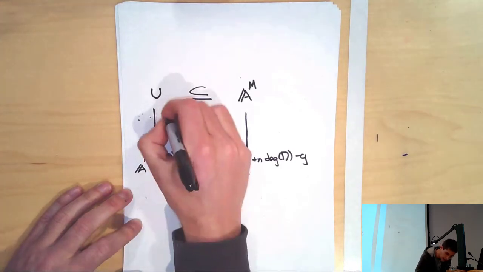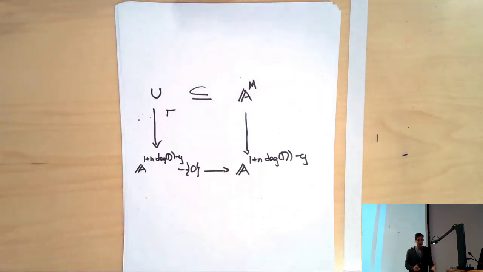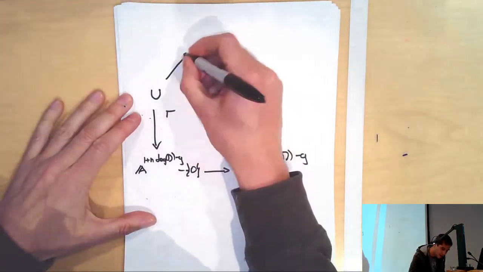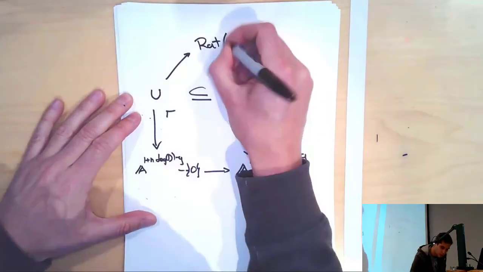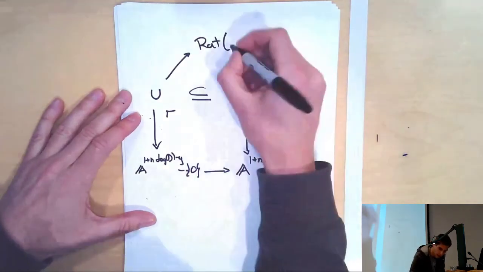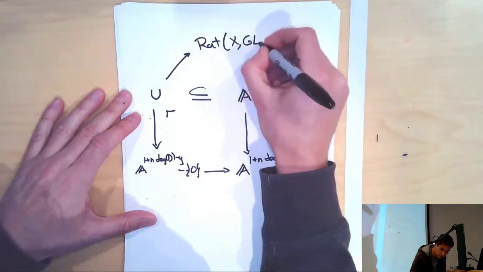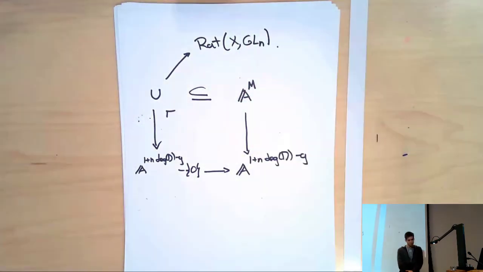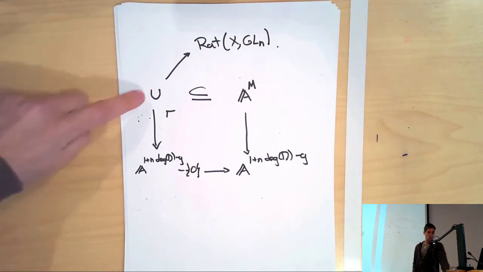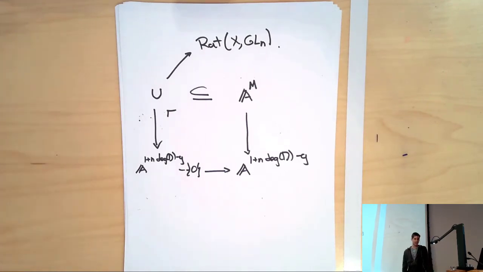So form a pullback diagram here. Take the complement of the origin in this affine space downstairs. That's some open subset of A of M. And this U is something that actually maps to my space of rational maps from X into G, where G in this case is GL_n. And now the essential point is what do you expect U to look like in this case?